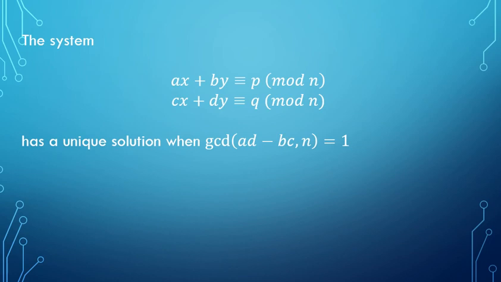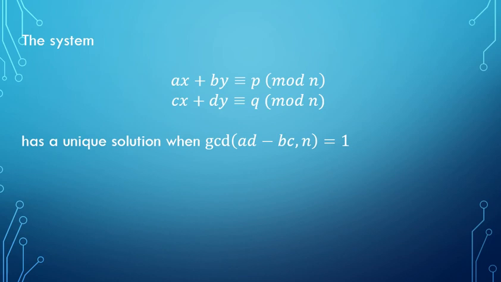So we are never going to come up with more than one solution. We're always going to come up with a single solution. And a single solution consists of something for x and something for y. Those two things combined make your one solution.